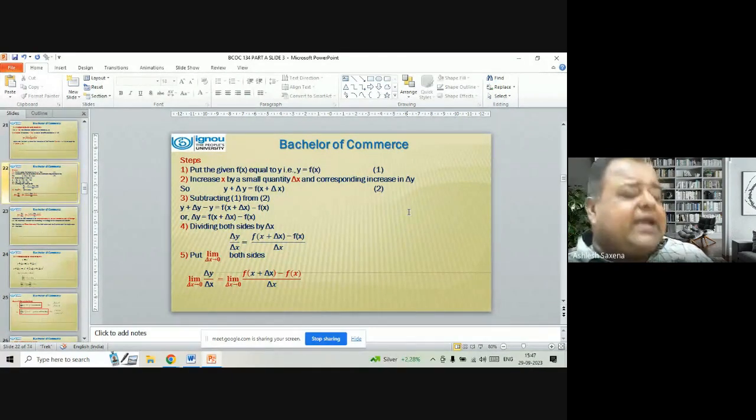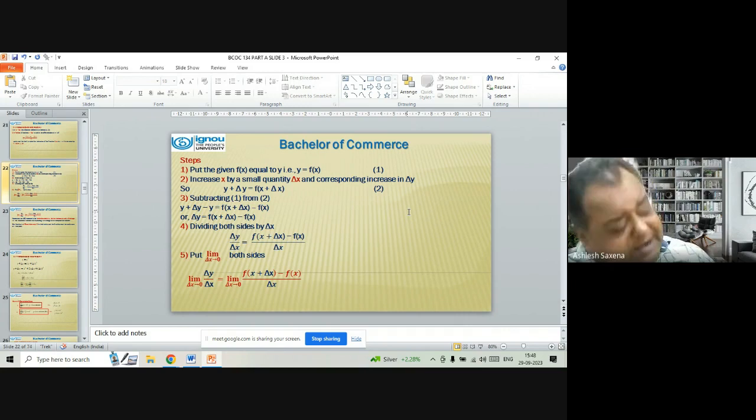Then, in the second step, we will be adding a small increment in x and y. That means we will be adding delta x to x and delta y to y. Going back to step number 1, you have y = f(x). So y + delta y = f(x + delta x).